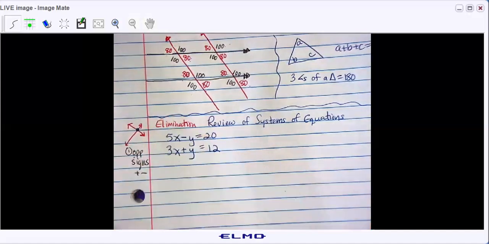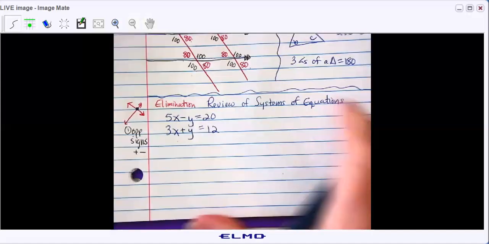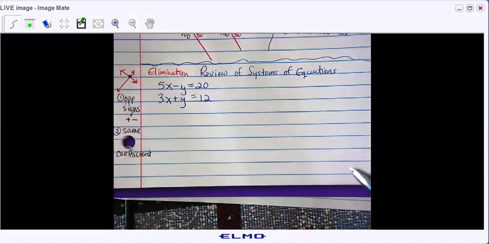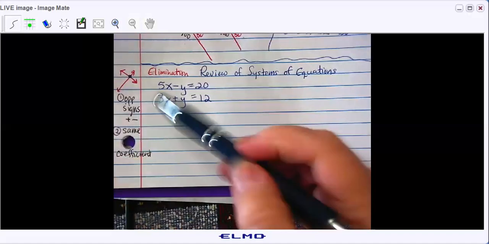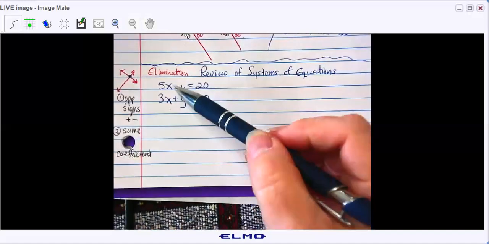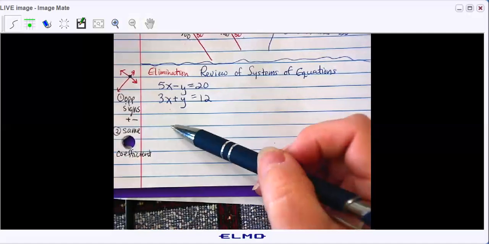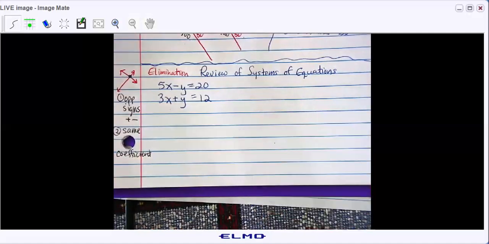Requirement number 2 is the same coefficient. And remember, a coefficient is the number in front. So if I wanted to eliminate my x's, they don't have the same sign, and they certainly don't have the same coefficient.